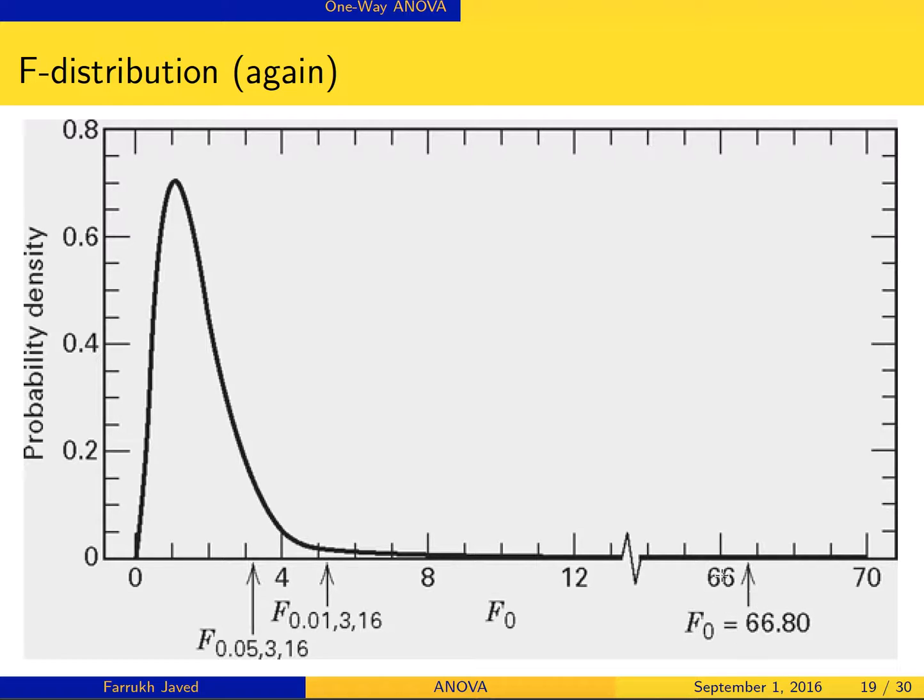This value is far from that region. This curve is the acceptance region. It's way beyond that level, so now we are going to reject it because it's outside that region. After that is the rejection region. If the value falls over here, then we are going to reject our null hypothesis.